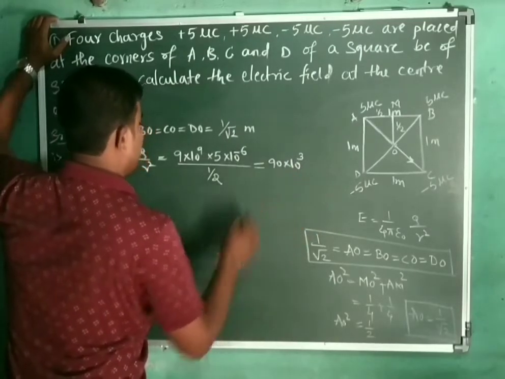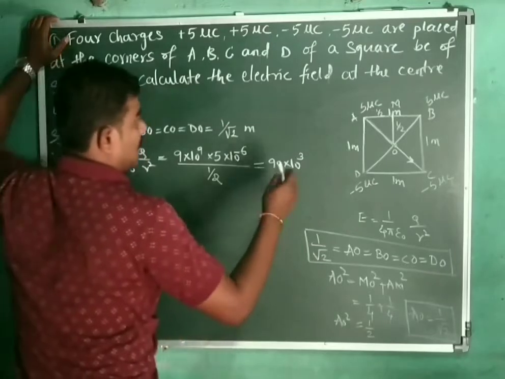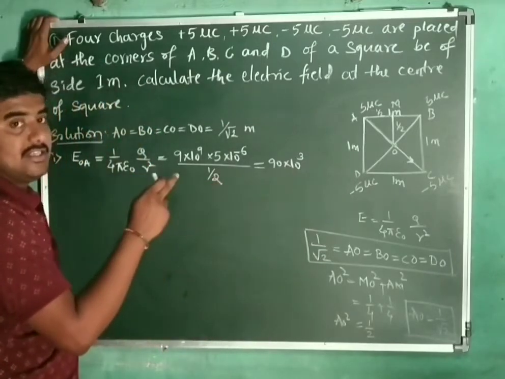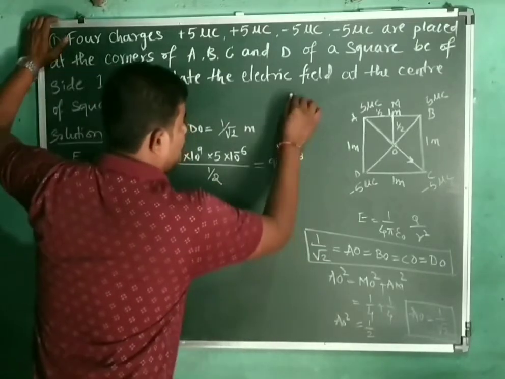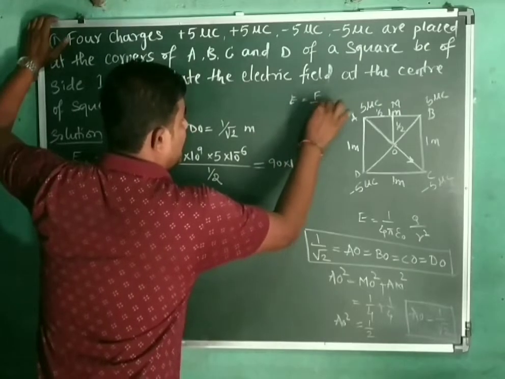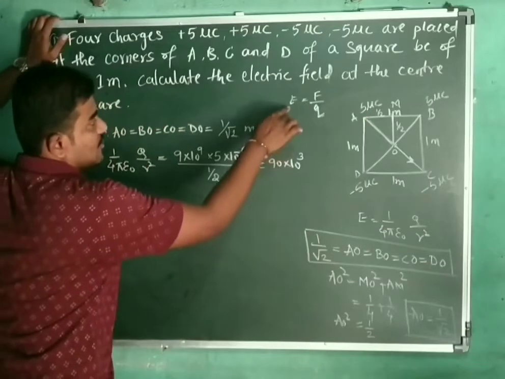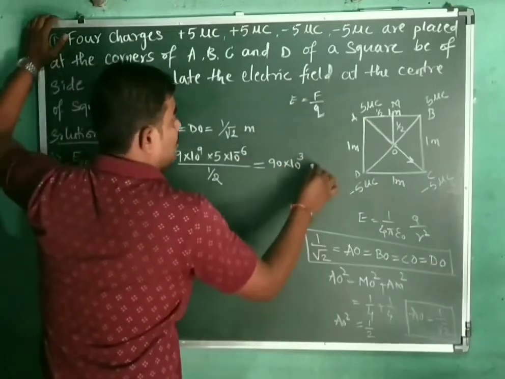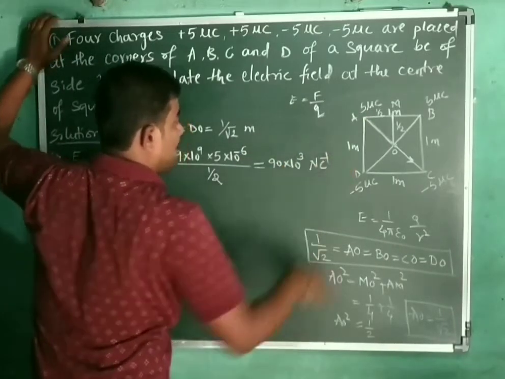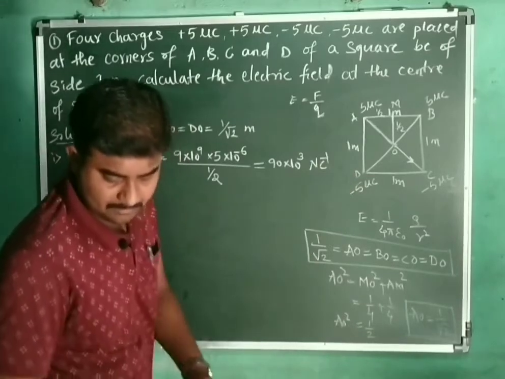Since it is electric field, the unit of electric field: E is equal to F divided by Q. Force experienced by unit positive charge at that location is called electric field. Therefore, it is Newton per Coulomb. This is the unit.